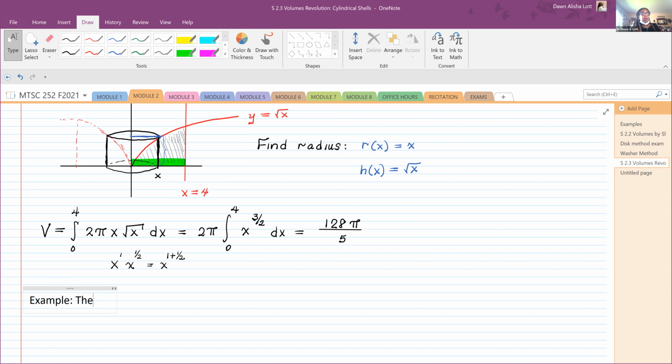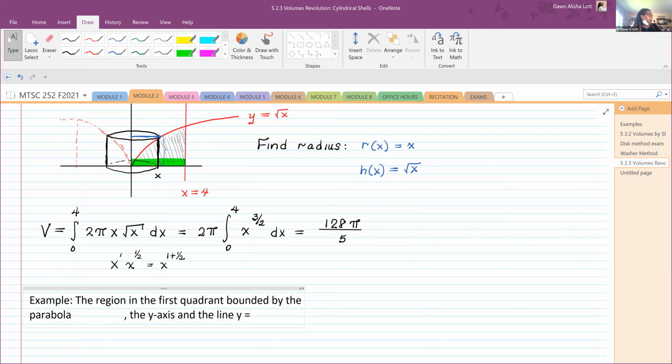The region in the first quadrant bounded by the parabola y is equal to x squared, the y-axis and the line y is equal to 1 is revolved around the line x is equal to 2 to generate a solid.